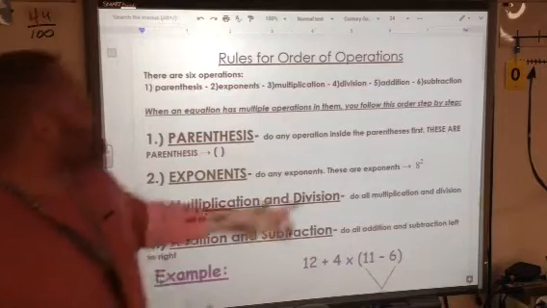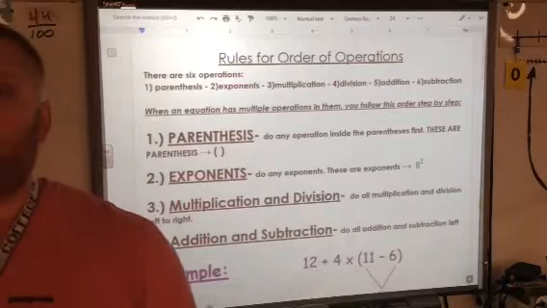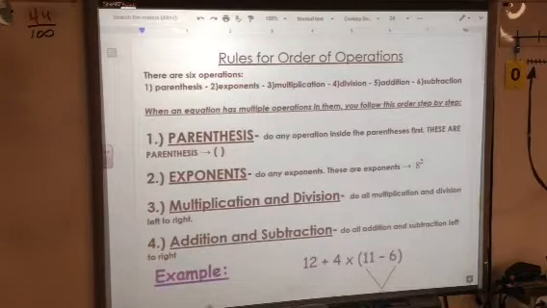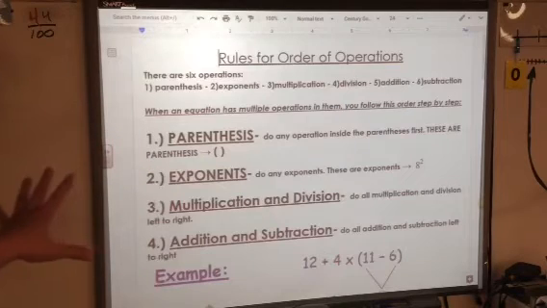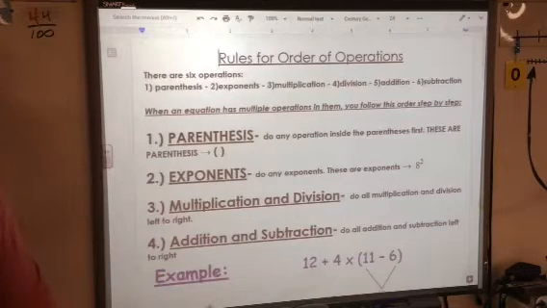We have a particular order of operations starting with first, second, and going all the way to last. Okay? And we're going to learn about what that order is just to set us up for the rest of the week and next week. Okay? And it's going to make more sense when we do a couple practice problems at the end of this. Okay, guys? All right, so here we go.